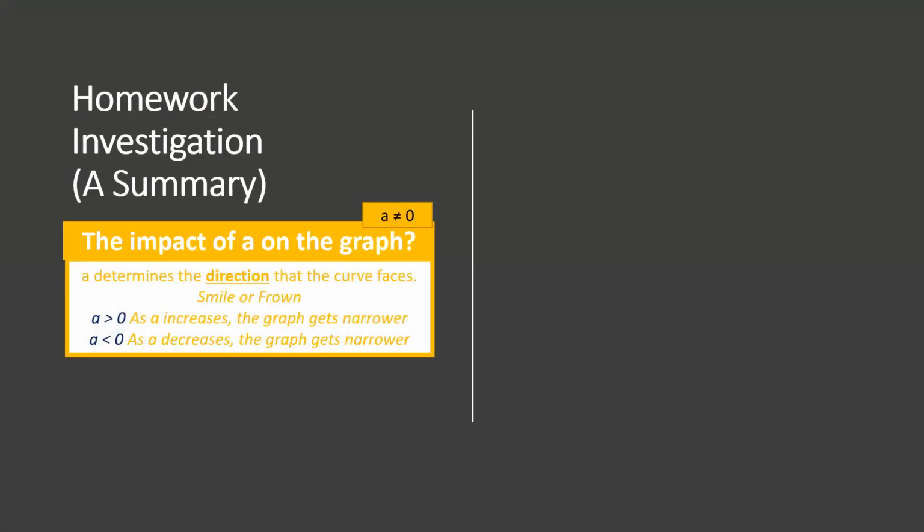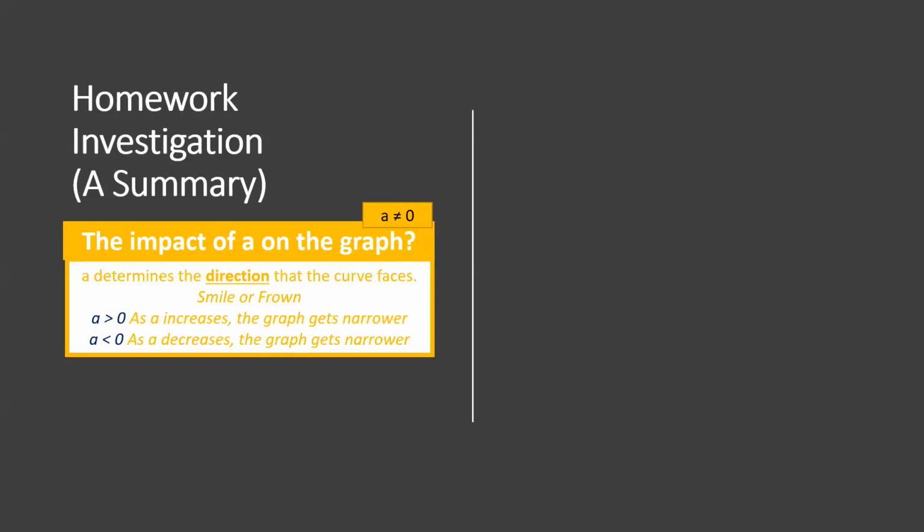Number 1, I said A determines the direction that the curve faces. It determines whether we have a smile or a frown, an upward facing or a downward facing curve. Remember my choice of words yesterday was think emojis, and that is what A does, okay?